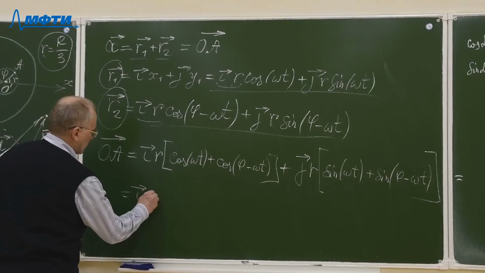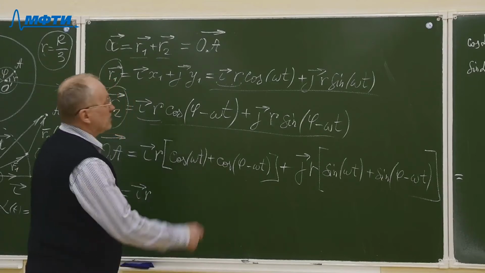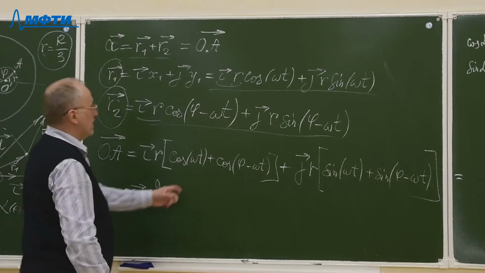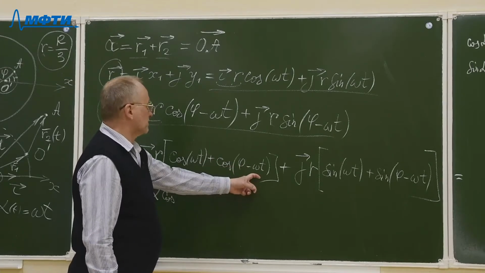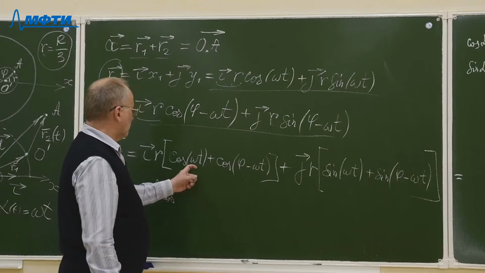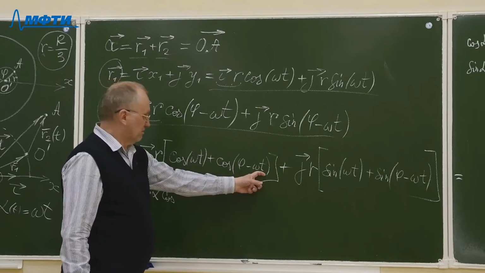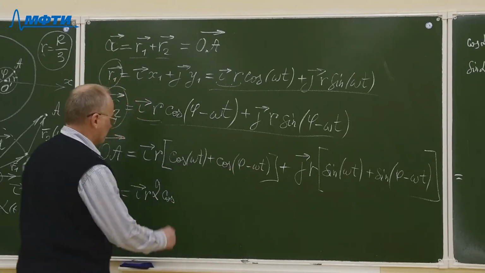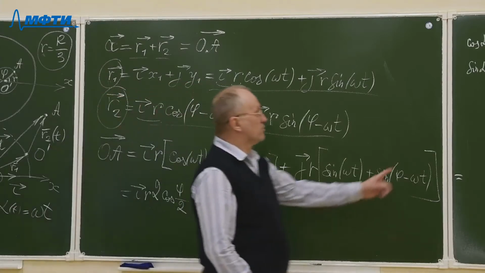R remains unchanged, and the sum of two cosines will be what? 2 cosine, and I have to take the sum of these two arguments and divide it by 2. When I add omega t and minus omega t, they cancel. The only argument remaining here will be phi divided by 2, according to this formula.